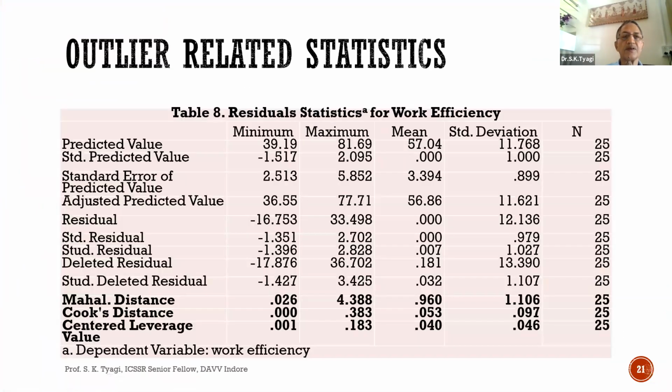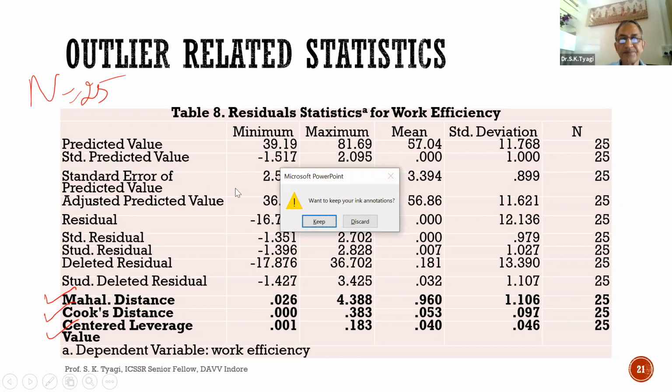This is the outlier-related statistics, the three distances: Mahalanobis distance, Cook's distance, and central leverage value, with minimum, maximum, mean, standard deviation, and n. There are 25 Mahalanobis distances because n is 25. For each one, let me show you where it is.